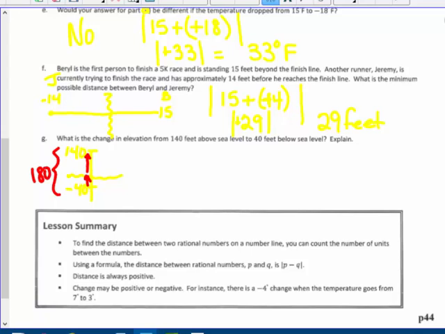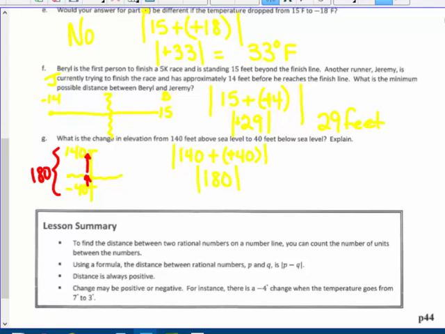Now I'm going to use the formula to prove that. 140 minus that negative 40, take its absolute value. So 140, add up, keep the 140, change it to add the opposite, same signs, add and keep.